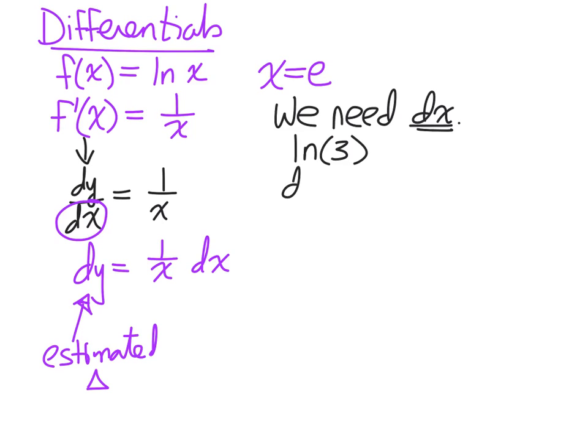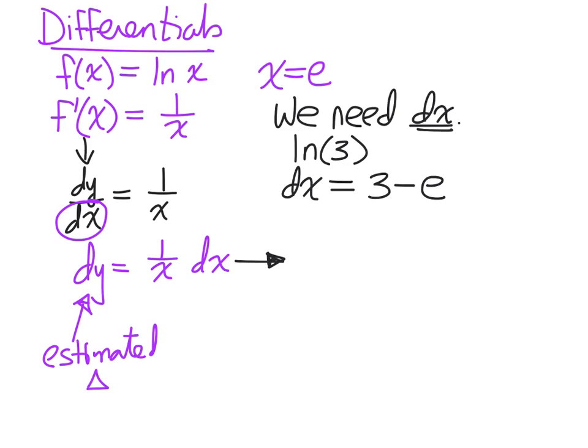So dx is going to be 3 minus whatever value you chose in your initial step, because that dx represents how far you're deviating from the value in question. So if I know that I need 3 and I chose e because it's convenient, then dx has to be the difference between the two. But I don't actually want to figure it out because if I do, then I have a funky decimal and that makes things troublesome.